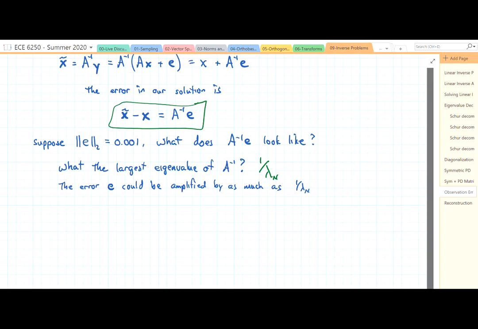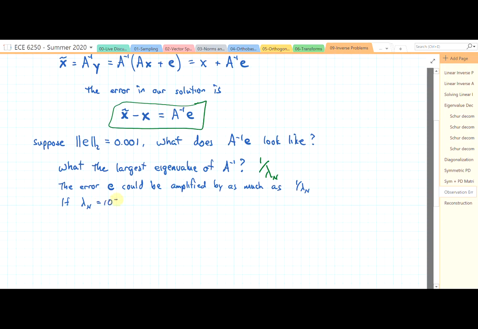If A inverse had a minimum eigenvalue of 0, that would mean that A had a maximum eigenvalue of infinity, which doesn't work. So we're always going to be stuck with some error, and there's nothing we can do about it. But we will find that there are things that we can do to keep everything under control.